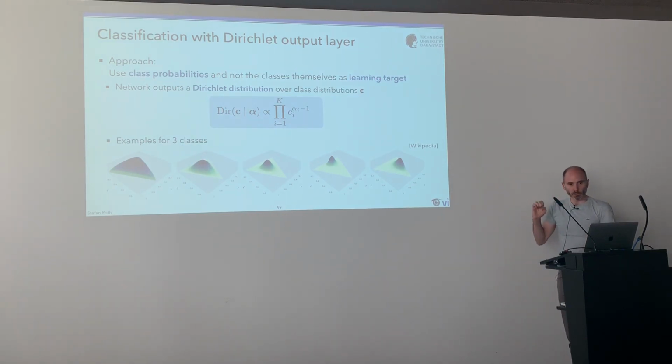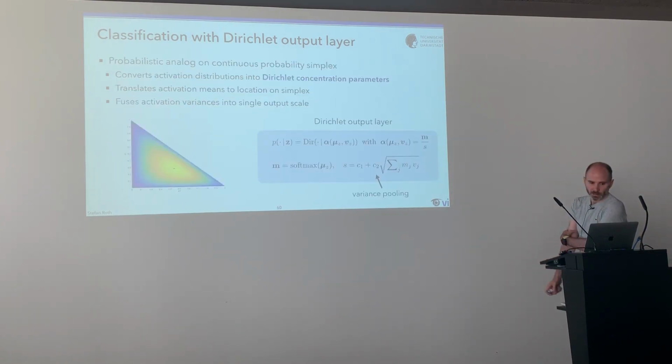So we basically approach the classification problem a little bit differently. We don't want to output the label, but we want to output a distribution over the labels, and we use the class probabilities as the learning target. Okay? So basically the last layer of our network is now a layer that outputs a Dirichlet distribution. And the question is how you parameterize that.